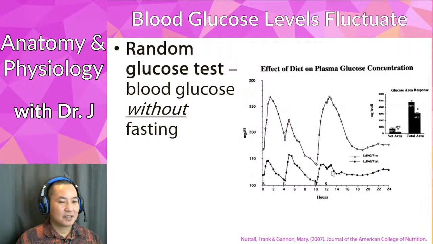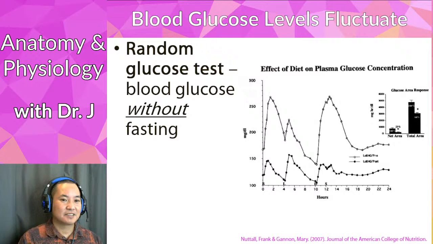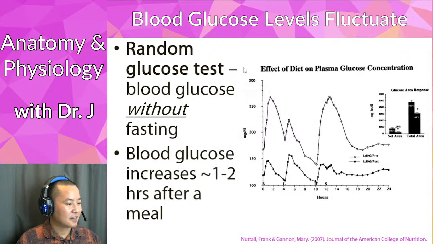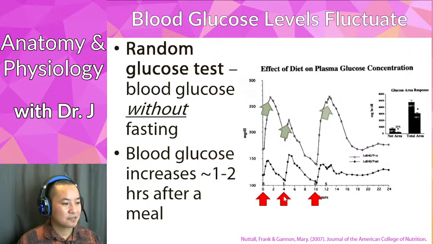Now remember why: our blood glucose always spikes due to whatever we eat throughout the day, and when we eat, but also what types of food we eat. Blood glucose by itself, day to day, or even on the order of minutes, can change. Eat, blood glucose goes up, eat, blood glucose goes up. So this is how they're able to measure it.